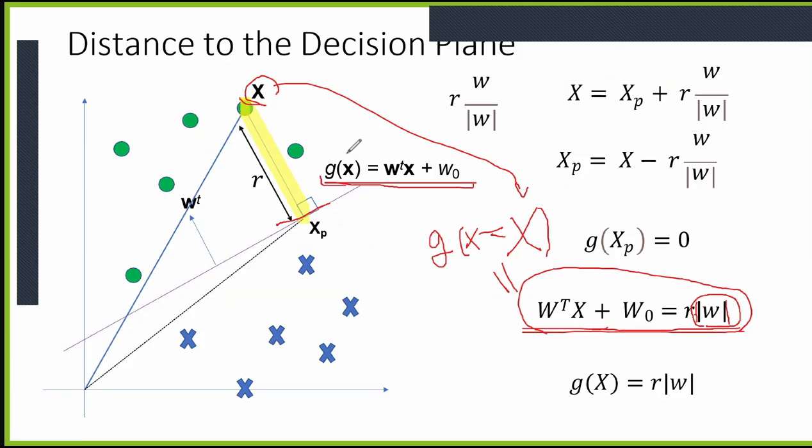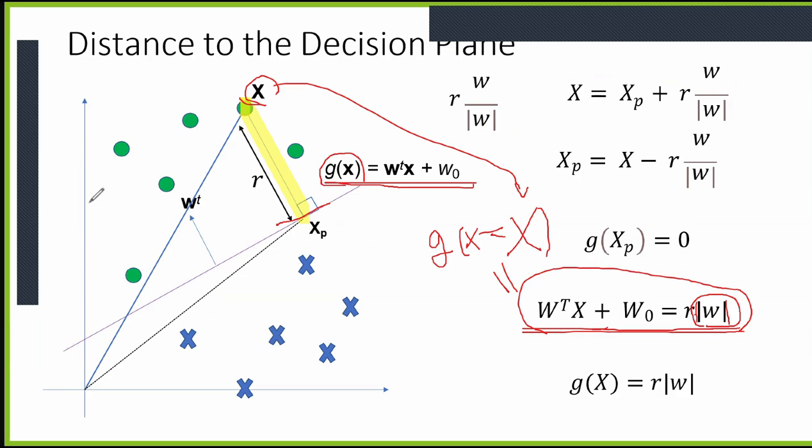So g of x does output the distance, but it is unnormalized. It is a scaled distance, not the true distance, where the true distance is based on the unit vector.